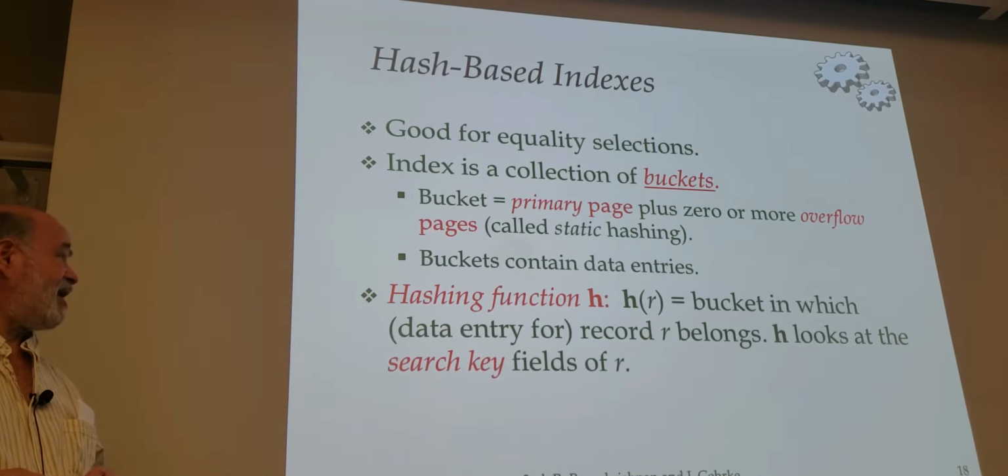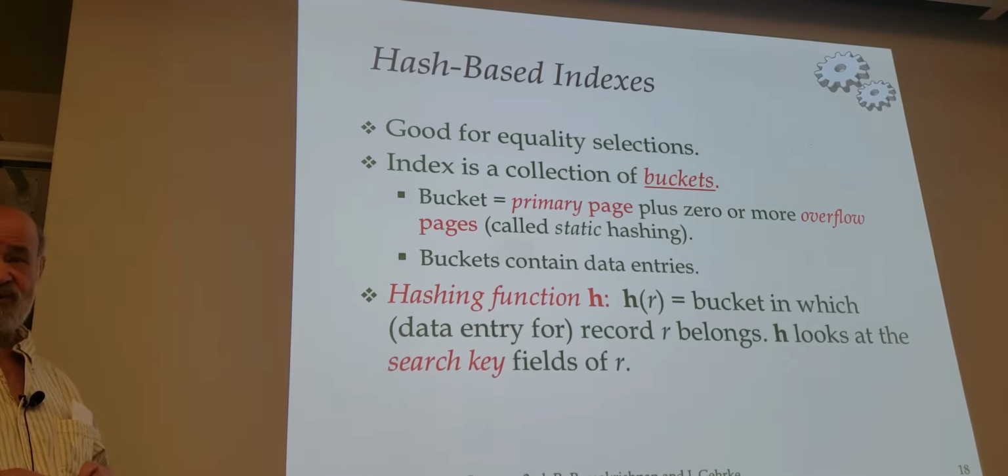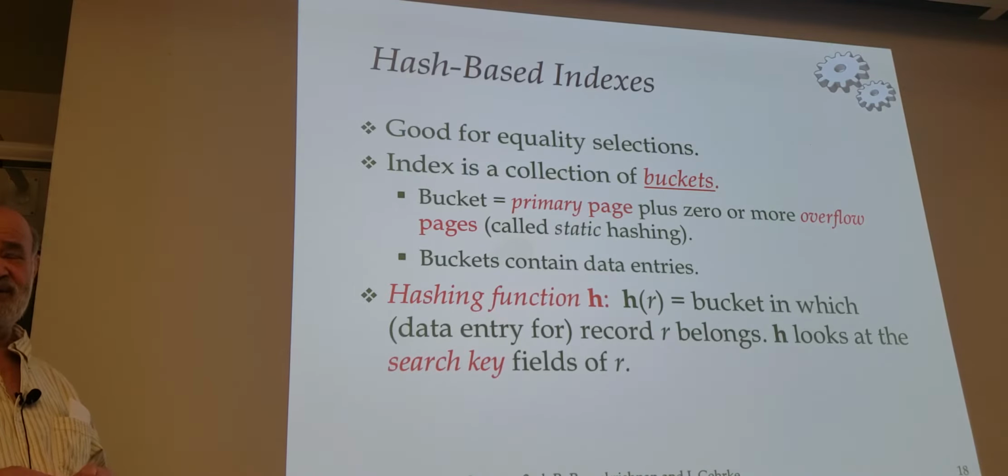So you have a hash function, in which you have the search key fields of the record. It says H of R, but really what's going on is you take H of K, whatever the search key is. You're not going to hash the whole record, you're only going to hash based on the search key.